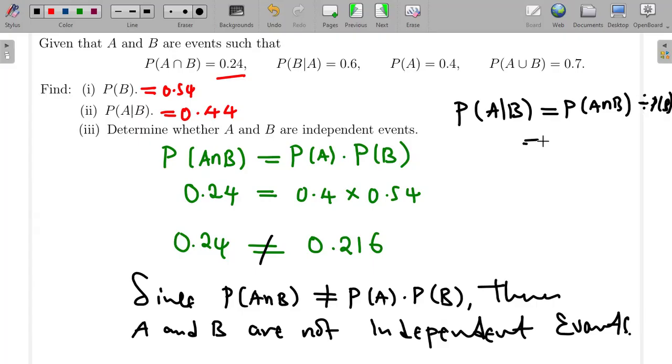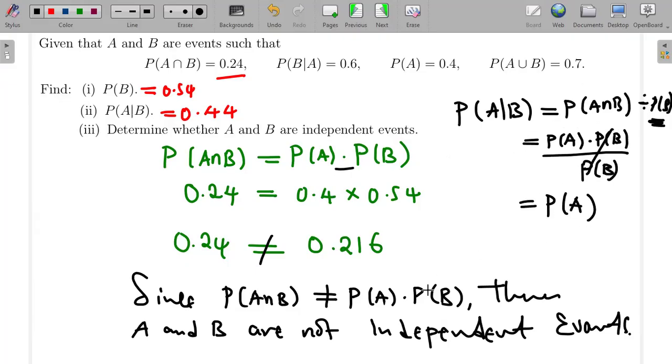So now, since A and B are independent, we expect that this is equal to that. So that's the same as probability of A multiplied by the probability of B. Okay, so I've replaced this with that since we are claiming they're independent, and then down I'm dividing by probability of what? B. So this will cancel out, and this will just be probability of what?